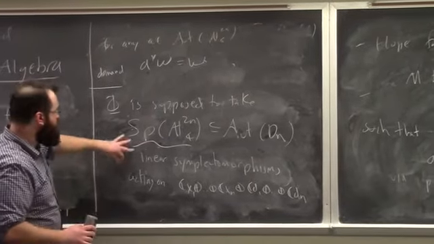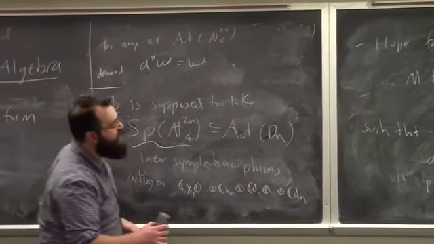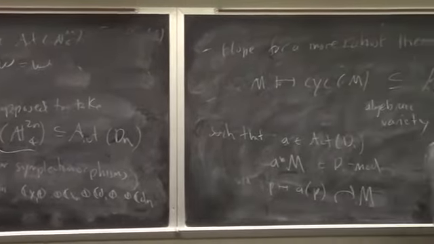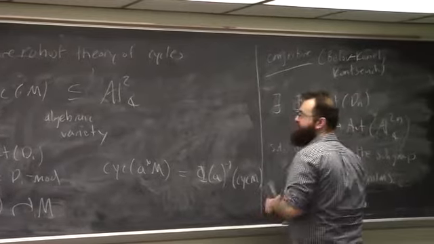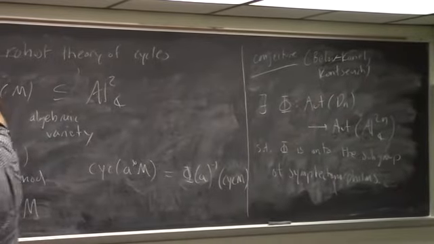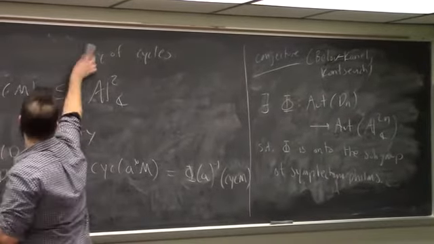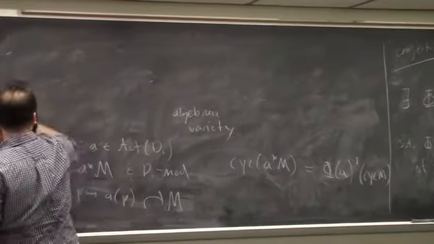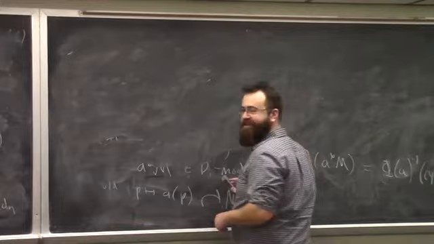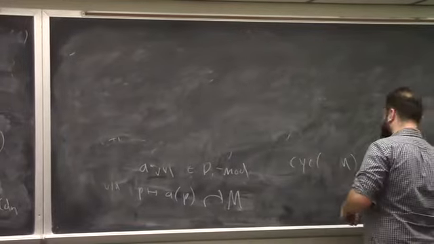So this group of linear symplectomorphisms acts naturally, and under this map, it's supposed to correspond to the Sp, which naturally lives inside here. You're saying that the inner product comes from the Poisson bracket. Exactly, yeah, that's right. That's the one.